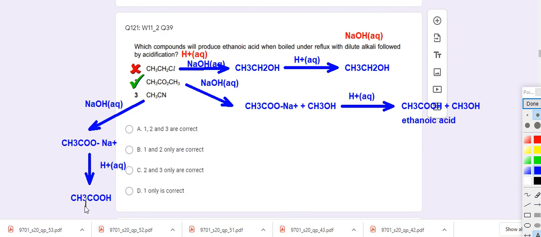So we get carboxylic acid. This is ethanoic acid, 2 carbon. Therefore, number 2 and number 3 can give us ethanoic acid. The answer is C. 2 and 3 only are correct.